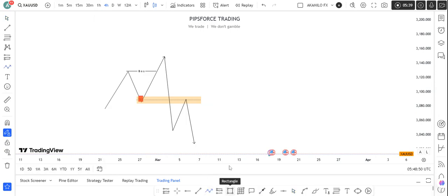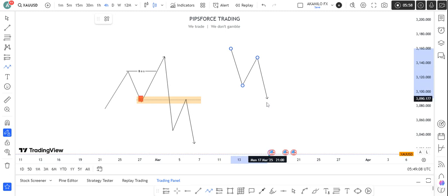A bearish breaker block is also a failed order block. In this case, we have price coming to the downside. If price moves to the downside, gives us a retracement and breaks this particular structure to the downside, in this case we'll have a break of structure here.